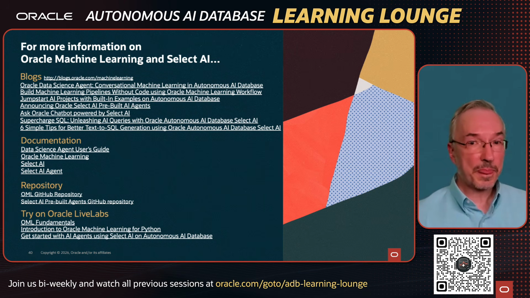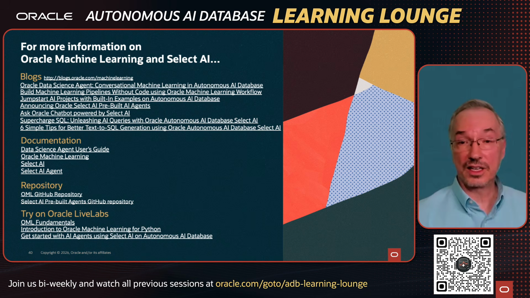So to wrap up, here are a few resources that you can use to learn more about Oracle Machine Learning, Data Science Agent, and Select AI. And check out our blogs, starting with the Oracle Data Science Agent announcement blog. We've also included documentation links for Data Science Agent, Oracle Machine Learning, and Select AI. And there are GitHub repositories with Oracle Machine Learning algorithm examples.